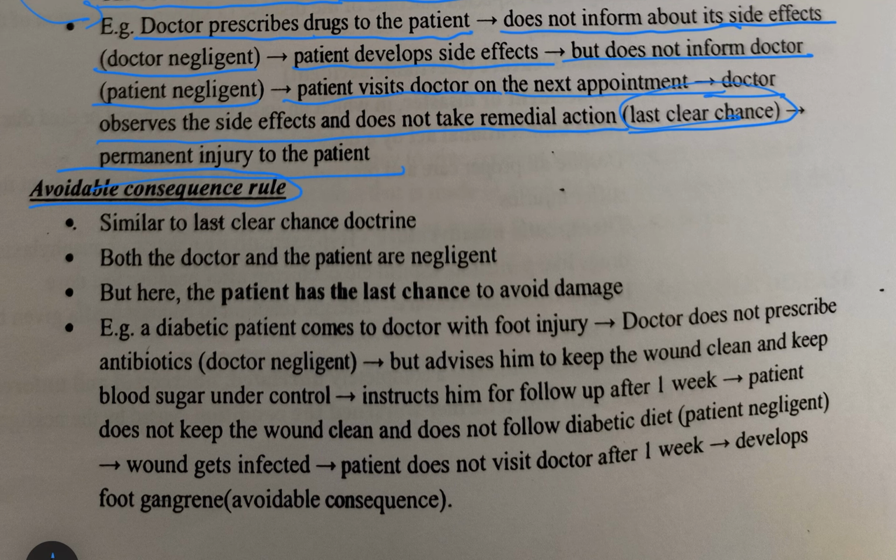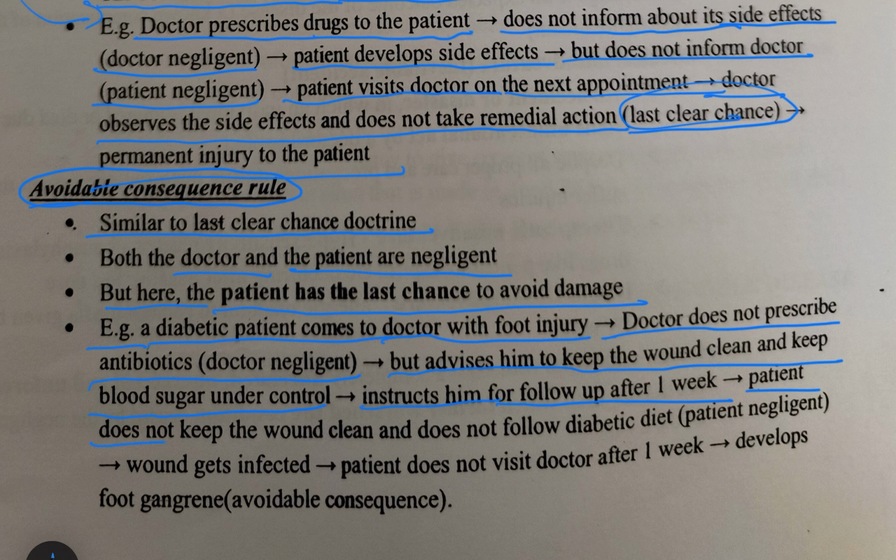Avoidable consequence rule. Similar to last clear chance doctrine, both the doctor and the patient are negligent. Okay, but here the patient has the last chance to avoid damage. Example, a diabetic patient comes to the doctor with a foot injury. The doctor does not prescribe antibiotics, doctor negligent, but advises him to keep the wound clean and keep blood sugar under control, and instructs him for a follow-up after 1 week.